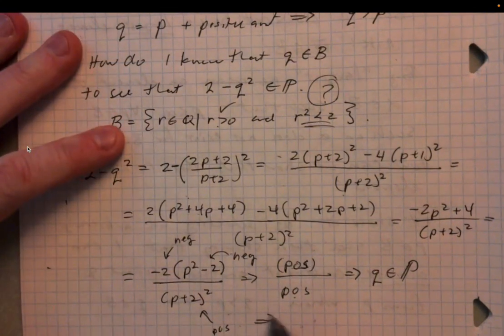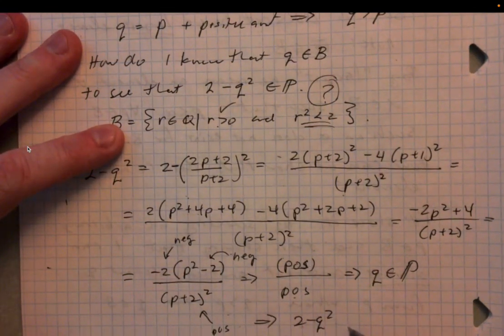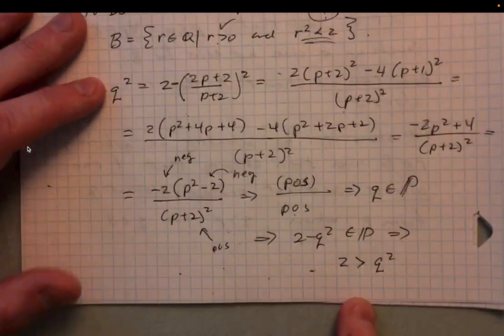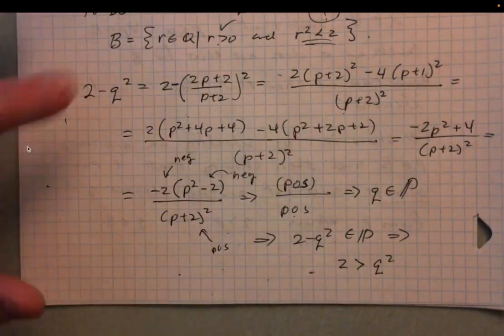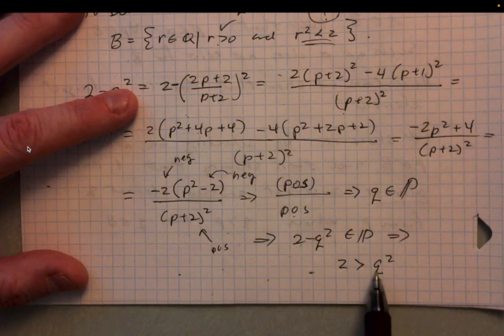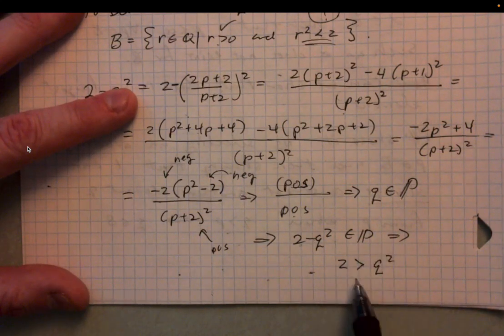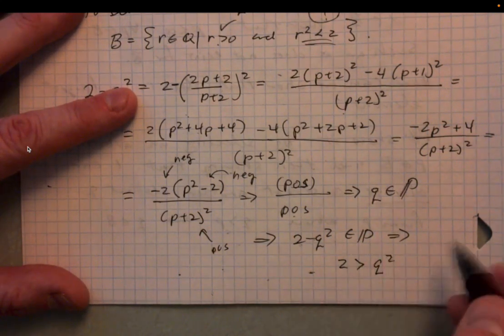So what do we have here? 2 minus Q squared is in P. That implies that 2 is greater than Q squared. We already checked that Q is greater than 0, and now we can see that Q squared is less than 2.